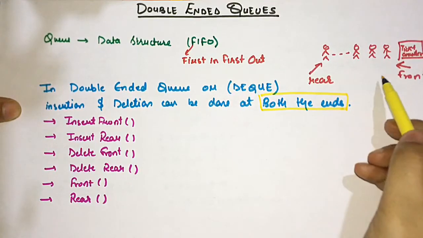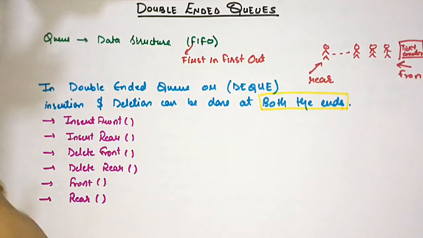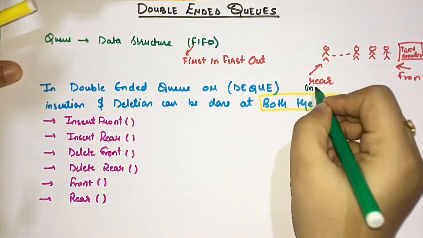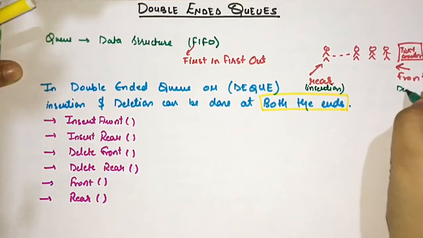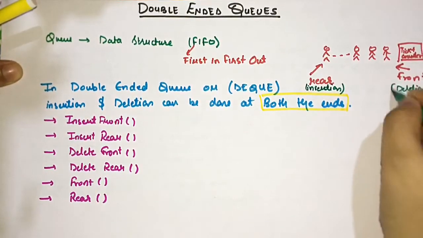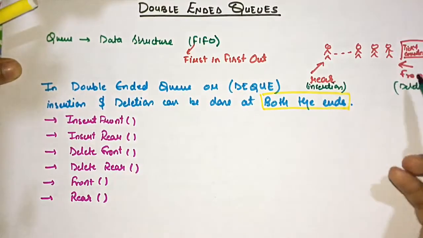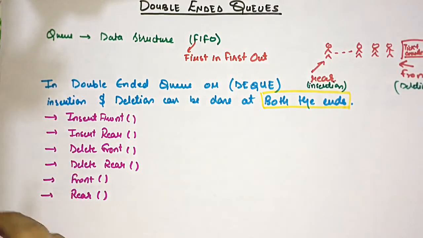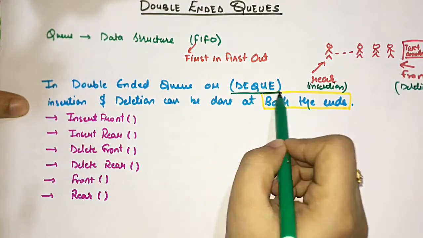Like in a normal queue, insertion can be done only at the rear end and at the front only deletion can be done. But in a double-ended queue you can insert as well as delete from the rear end, and the same thing applies to the front end. One more thing to be noted, double-ended queues are also called DQs.